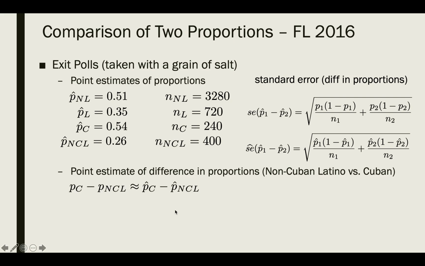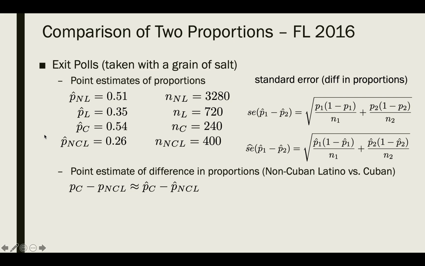In this case, we're going to choose to assume that what we're interested in is the difference between the proportion of Cuban voters in Florida voting for Trump and the non-Cuban Latinos voting for Trump. So we're taking a difference and estimating it as the difference in the individual estimates.